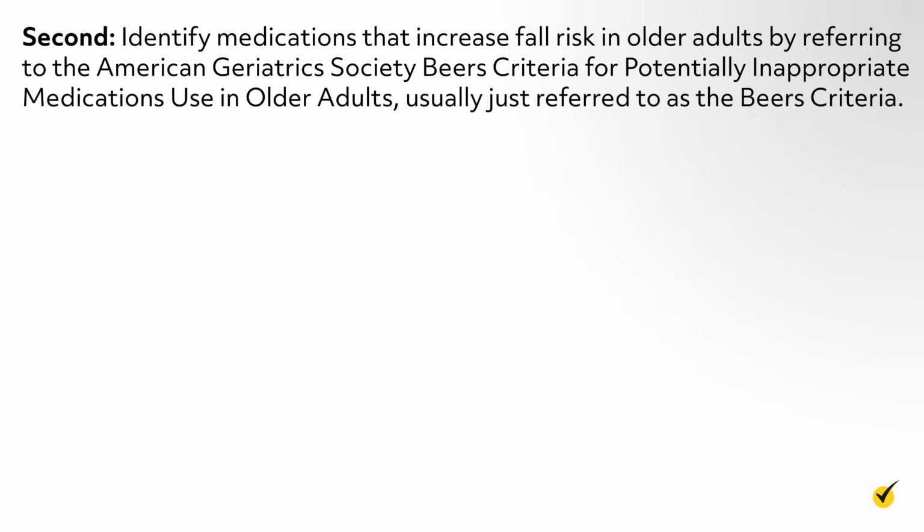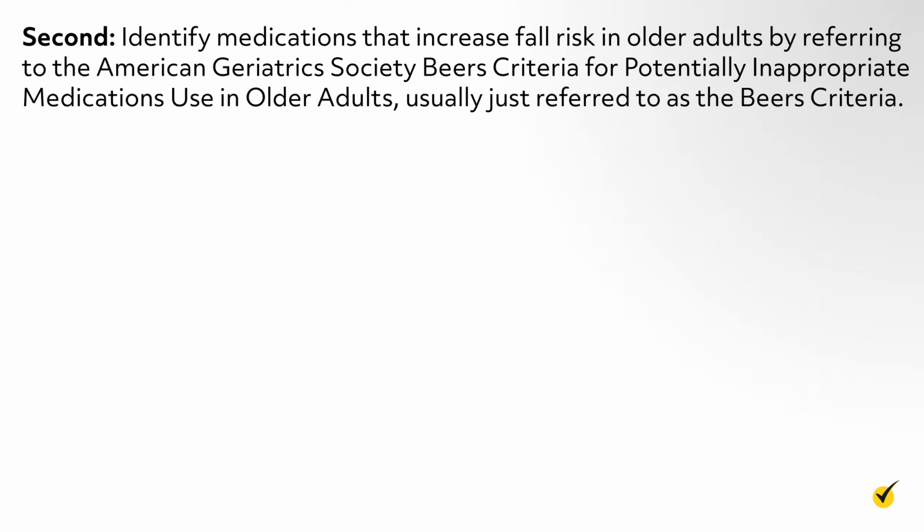Second, identify medications that increase fall risk in older adults by referring to the American Geriatrics Society Beers criteria for potentially inappropriate medication use in older adults, usually just referred to as the Beers criteria.